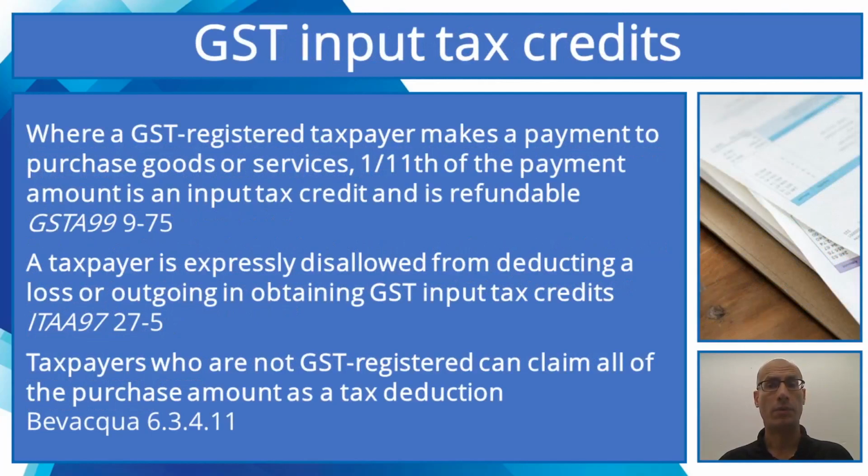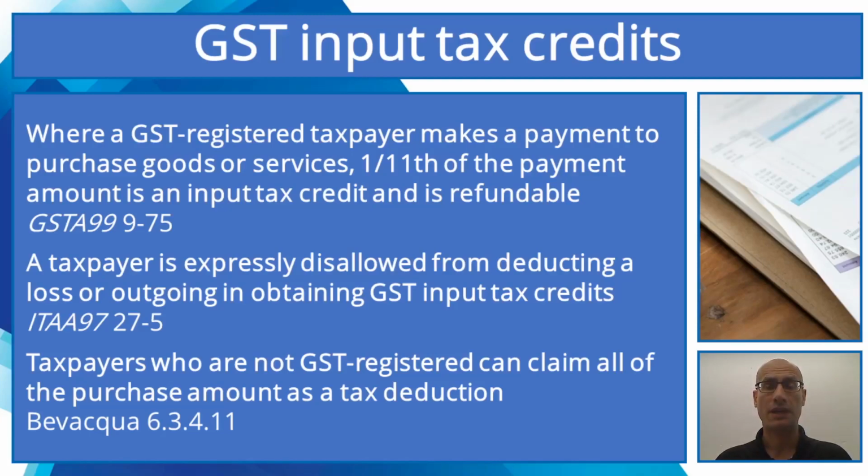One quite important denial of a deduction comes from GST input tax credits. I won't delve too much into the GST system, but suffice to say, a GST registered taxpayer, when they purchase something, say you purchase an item for $1,000, you must pay an additional $100 in GST, so that you would, out of your bank account, pay $1,100.